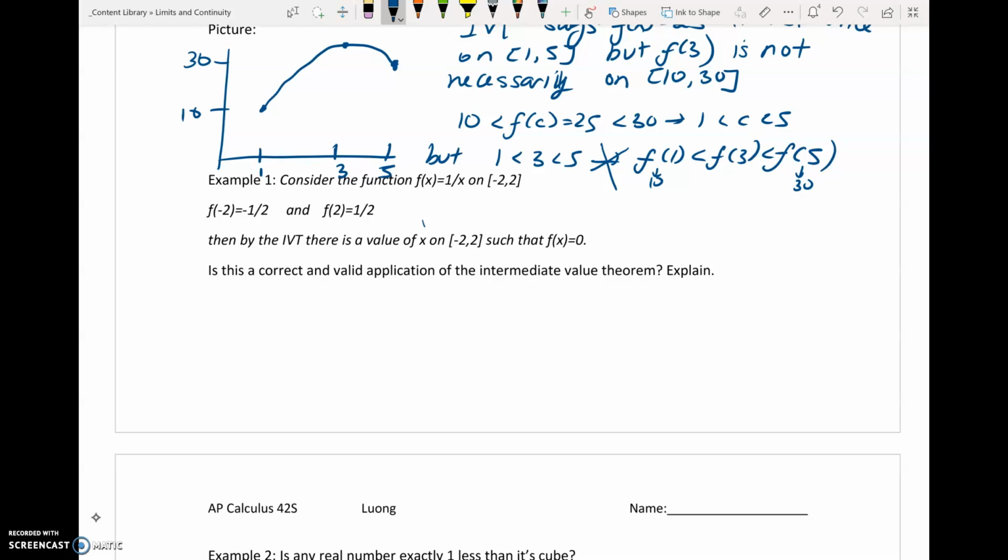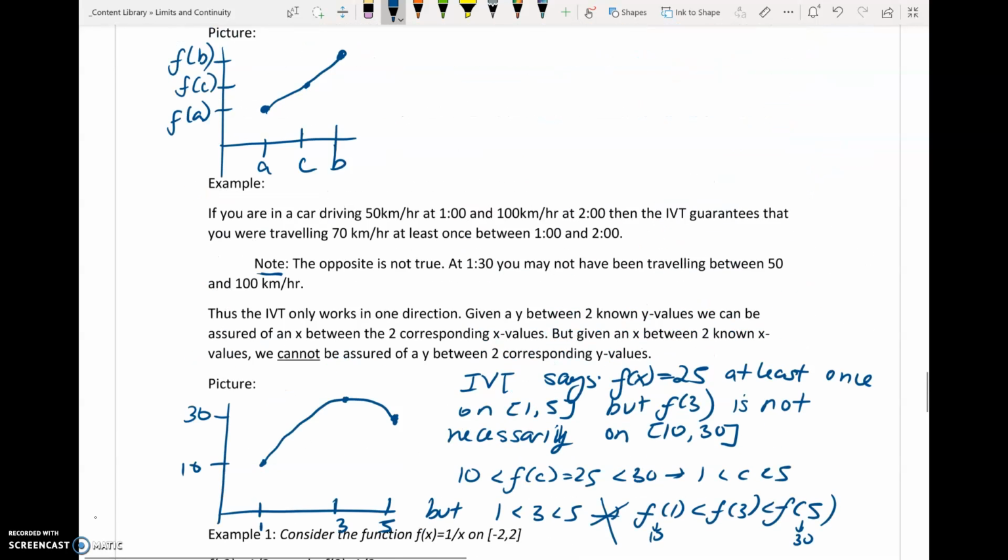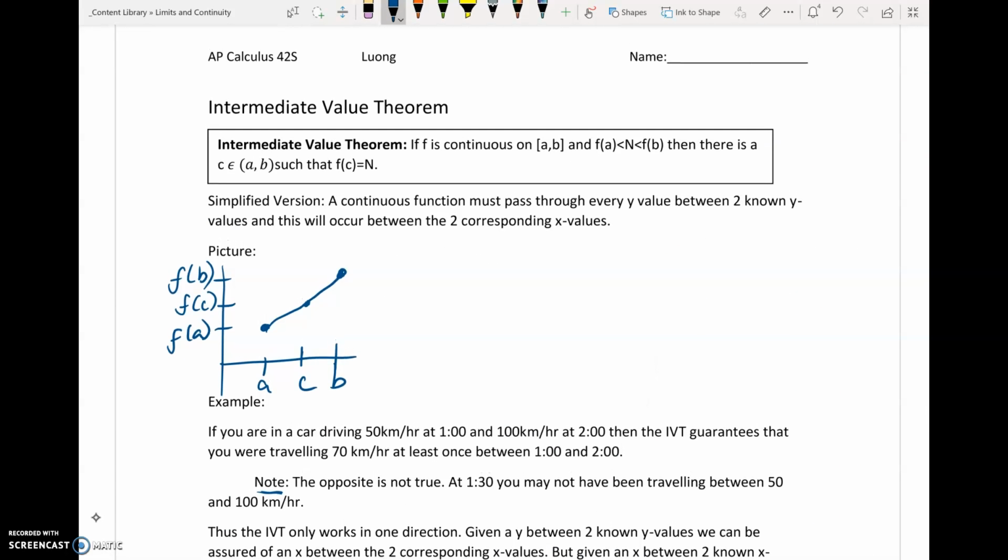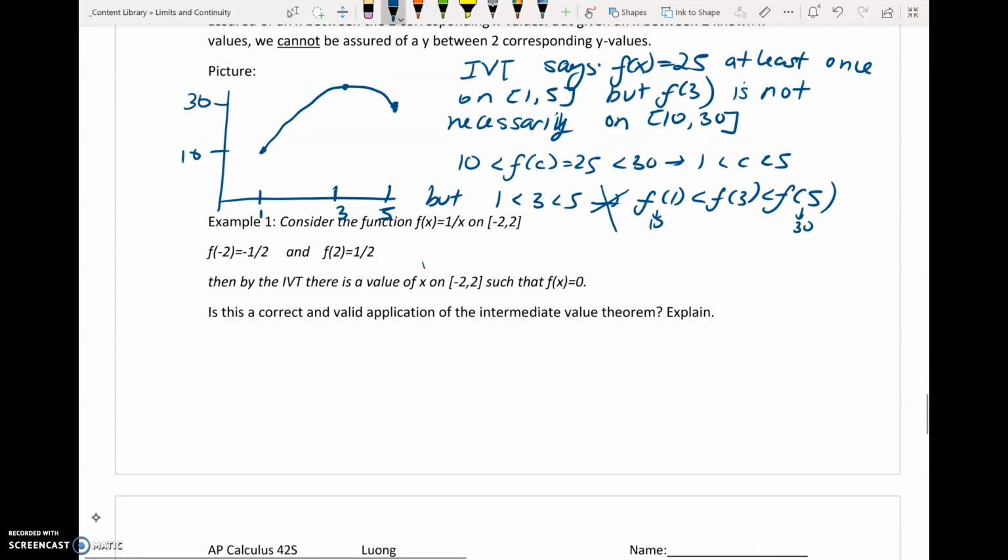So what this means is that this whole thing is false. And this is not a valid application of the IVT because 1 over x is not a continuous function to begin with. And if you look at our definition here, f is continuous on [a, b]. f is not continuous between -2 and 2.